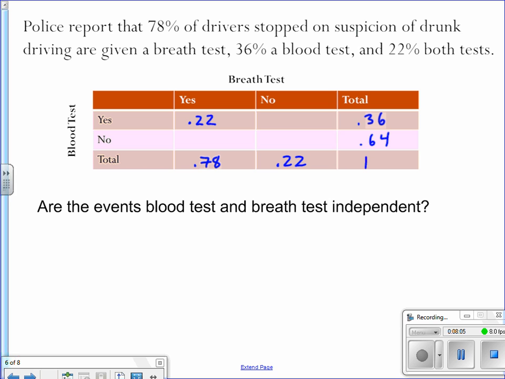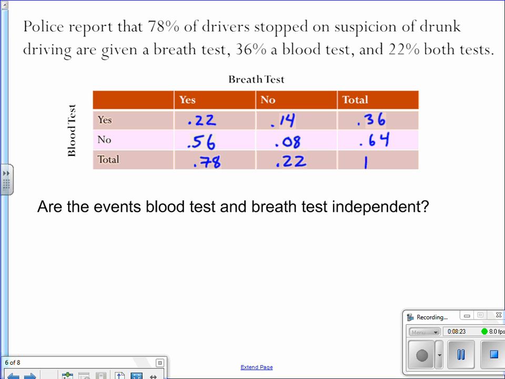Take a quick second here, fill in the rest of the chart. That means 56% goes there. This will be 14%, which is that 8% of the people get neither a breath nor a blood test when stopped on the suspicion of drunk driving.